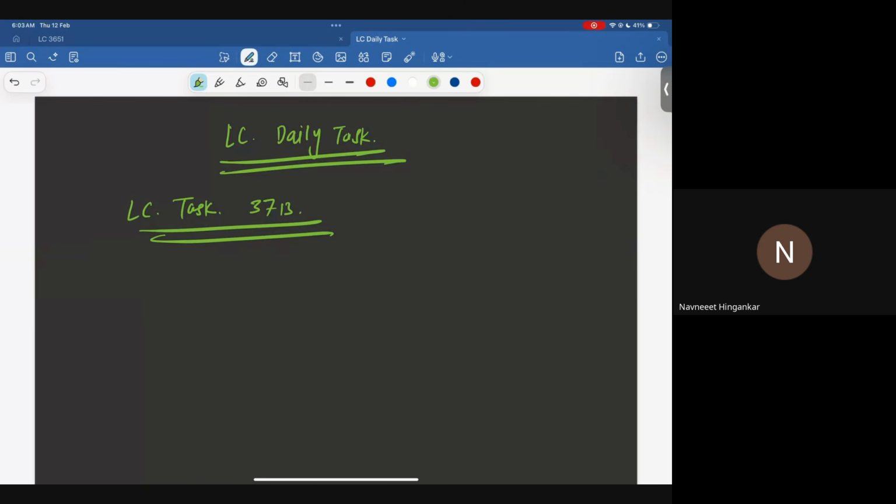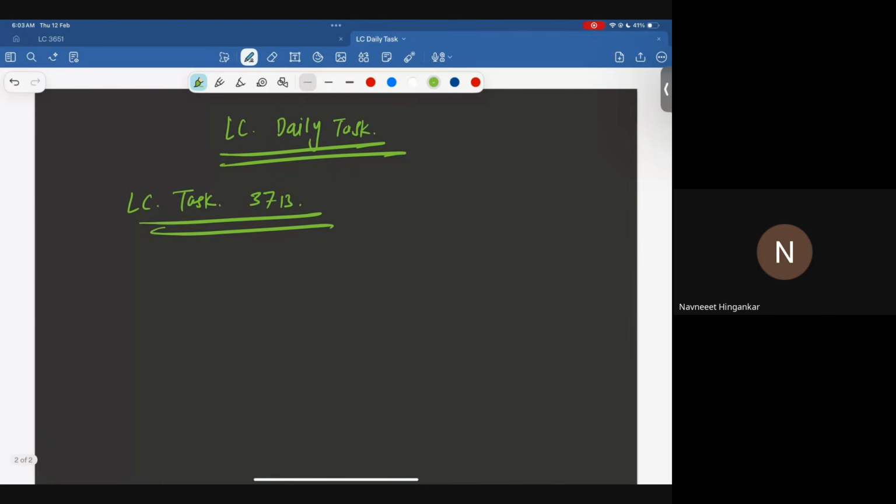Okay. So, 3713, the task is you need to find the longest substring where each frequency is equal basically.